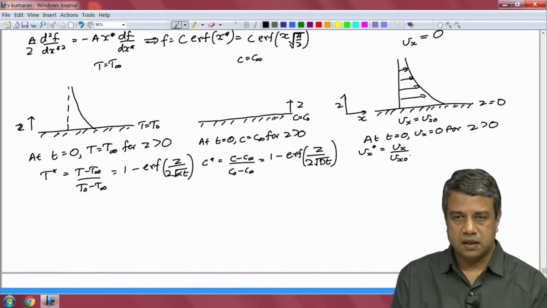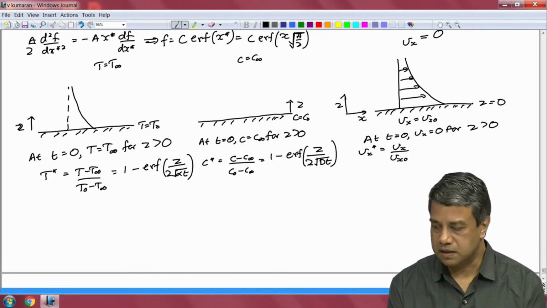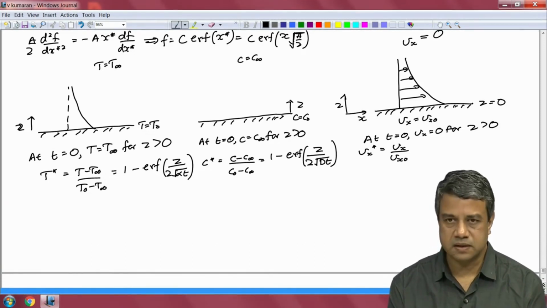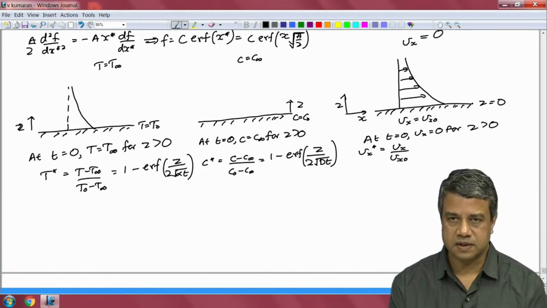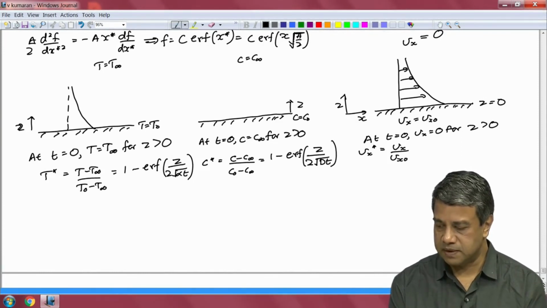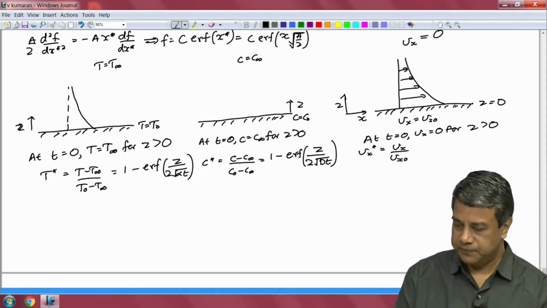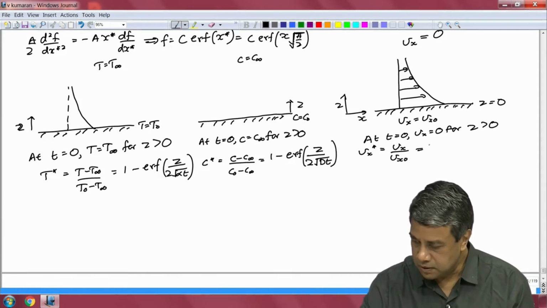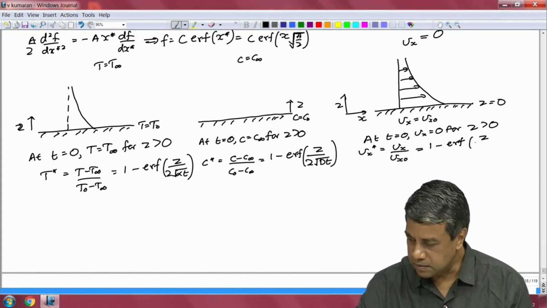In this particular case, the velocity far away is 0. So, Vx at infinity is equal to 0, so I have only Vx by Vx naught as the scaled velocity. This will be equal to 1 minus error function of z by 2 root of nu t.